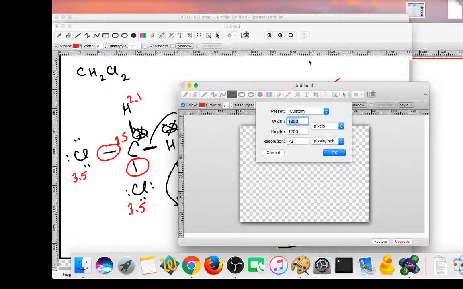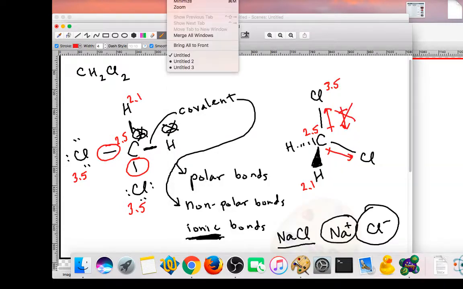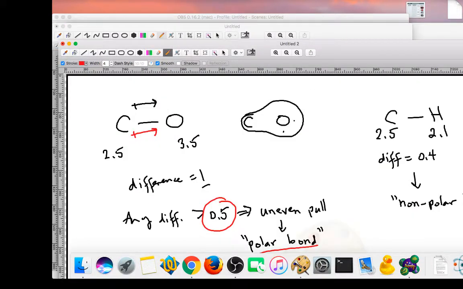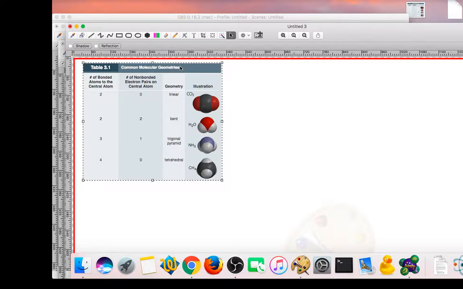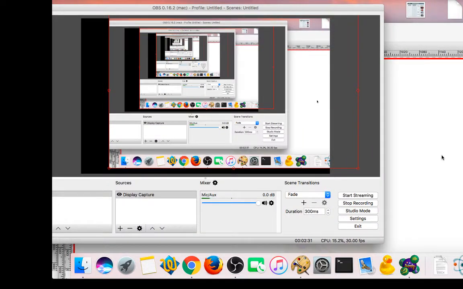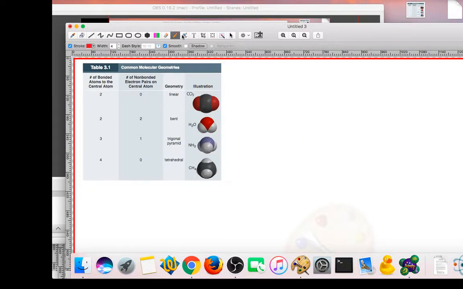I already have a page actually for you here. Okay, so here's why. Suppose you have this molecule, CCl4. I'll draw this in black. I will draw the Lewis structure now.